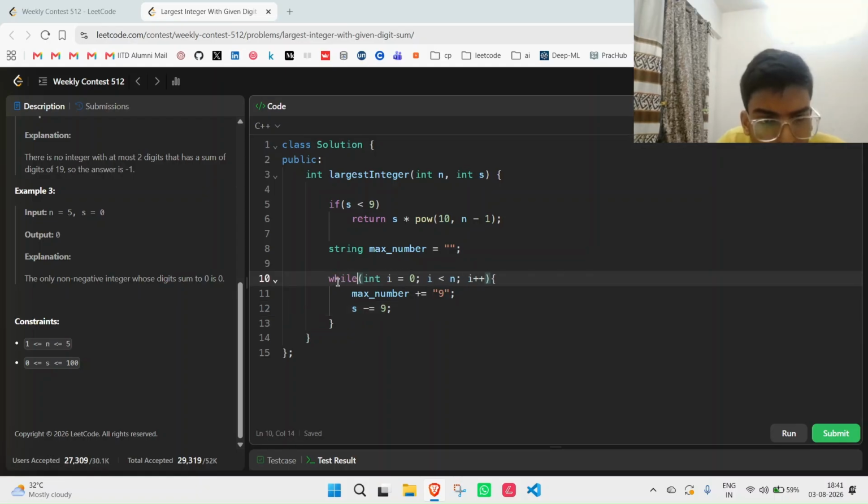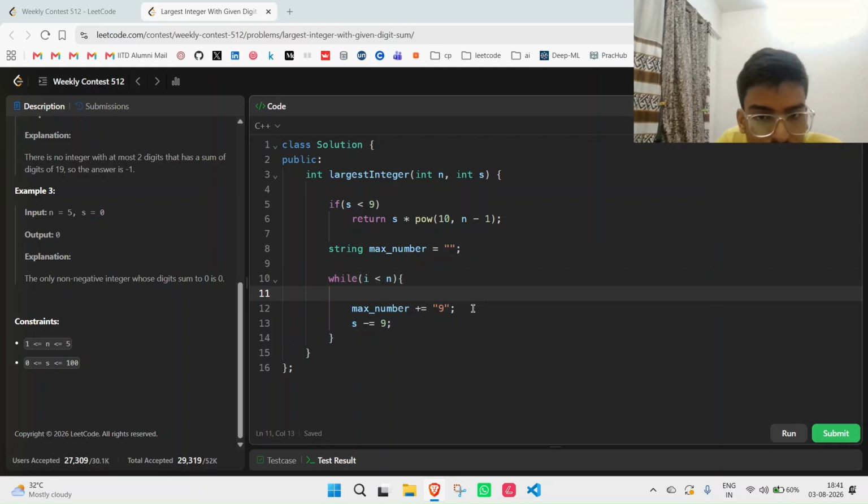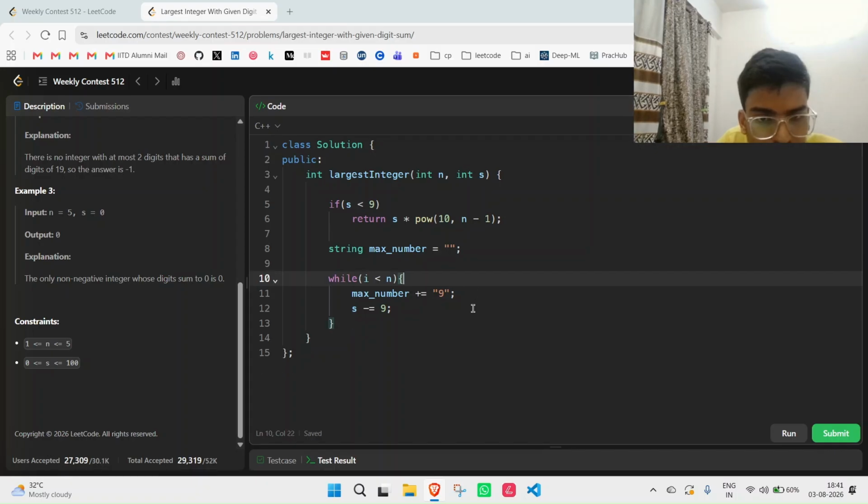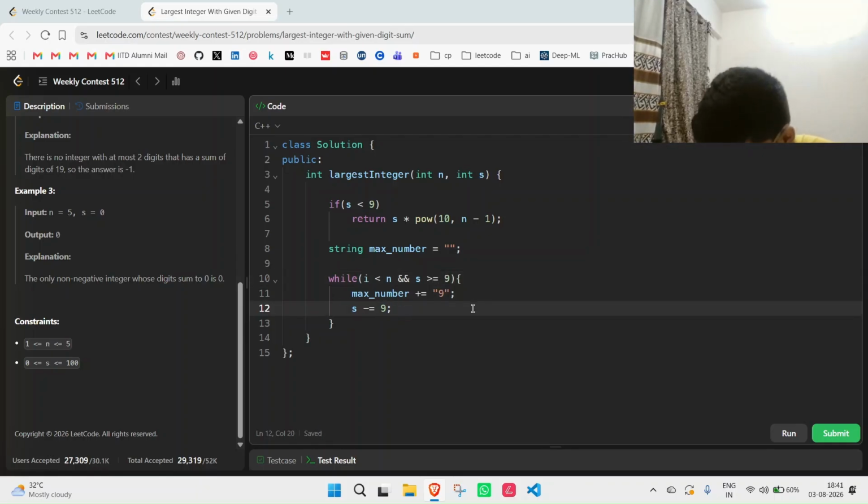And write while I is less than 10 and S is greater than or equal to 9, then you can keep on appending 9 and then keep on appending it.